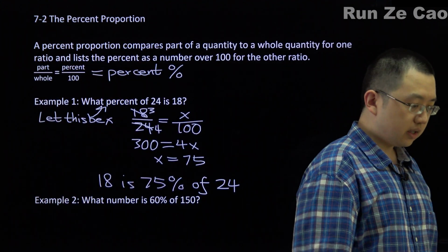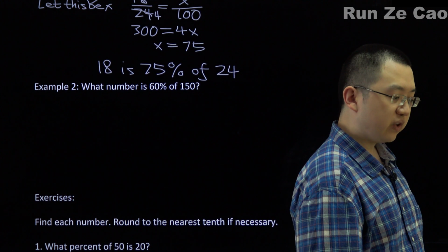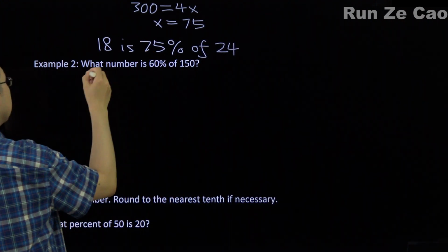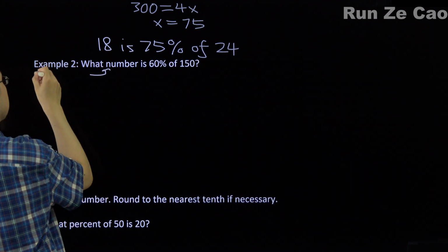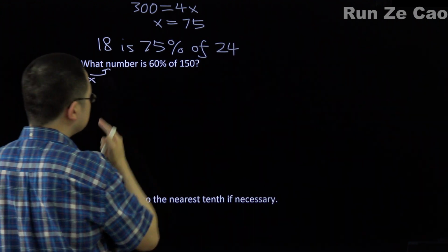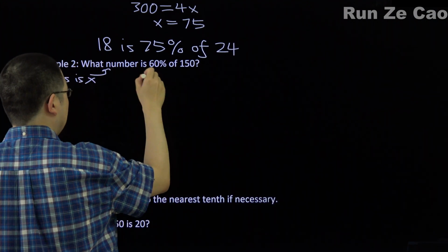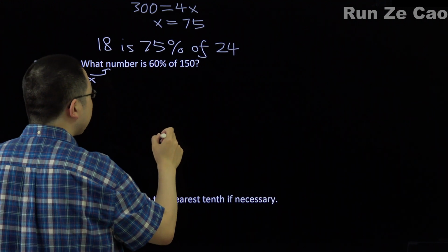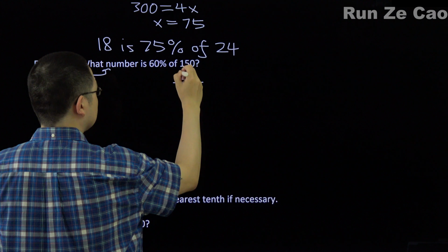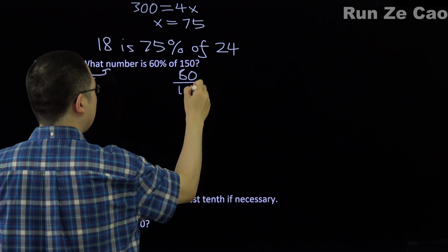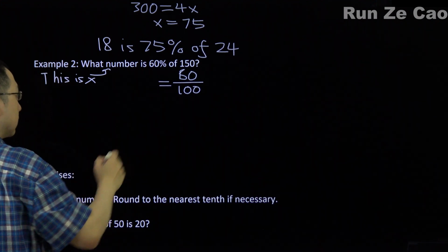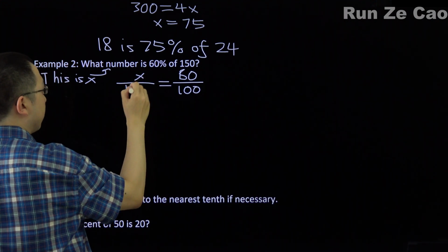Okay, so what number is 60% of 150? This is x. So 60 over 100 is equal to part over whole, so x over 150.